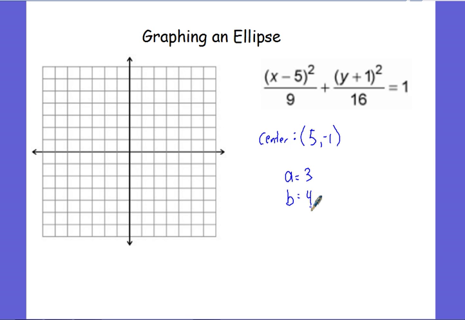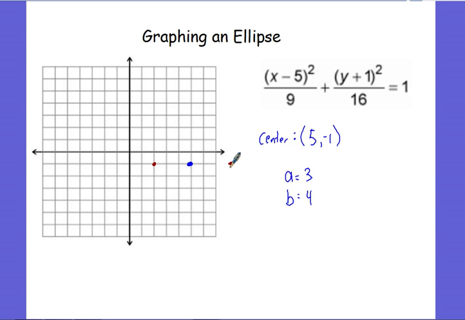So, go to your center. 1, 2, 3, 4, 5, negative 1. And I knew this was going to happen. So, from here, what's going to happen? Which way is A? To the left and to the right. So I know it's 1, 2, 3, and 1, 2, 3.